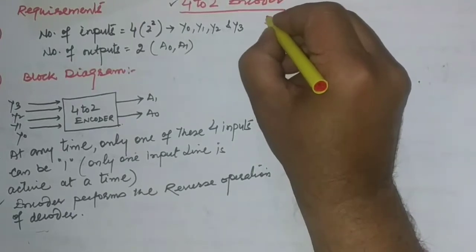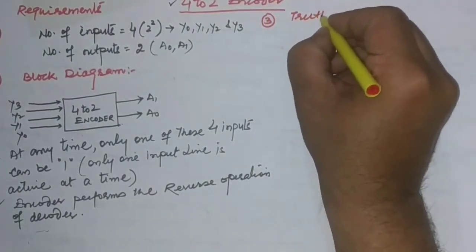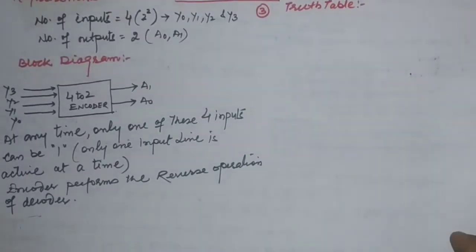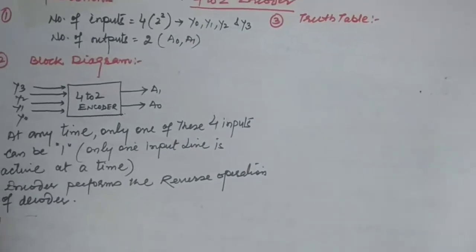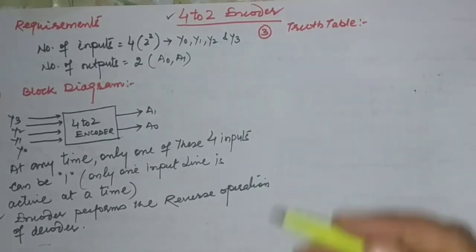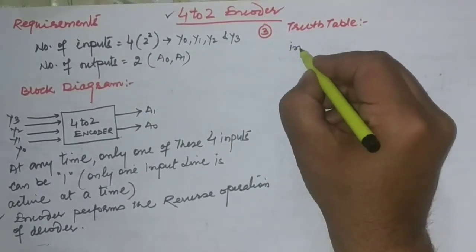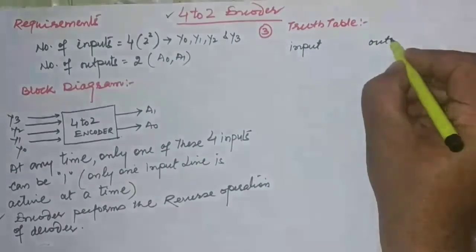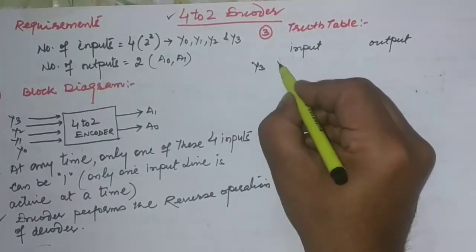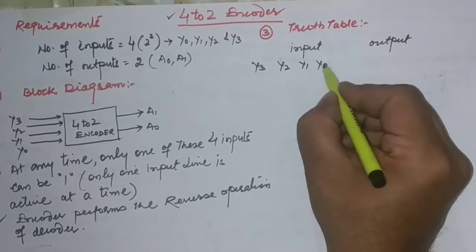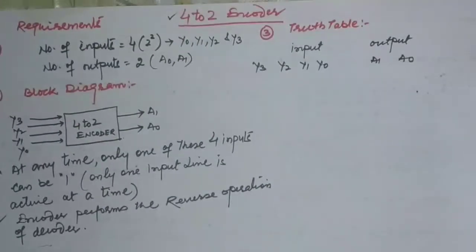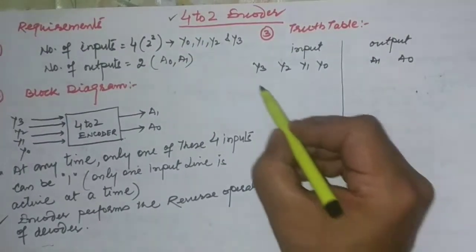The third point is its truth table. In a truth table, the primary requirement is the number of inputs and the number of outputs and the combinations of those. Inputs can be y3, y2, y1 and y0, and outputs can be A1 and A0.